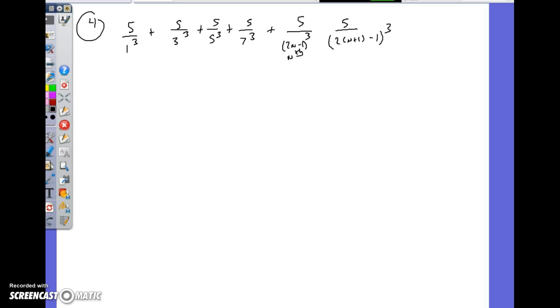So then the ratio test would be 5 over, I'm going to have to simplify that, so I got 2n plus 2 minus 1 to the third, times, flip, 2n minus 1 to the third over 5. 5's cancel out. I need to work on this ugly thing here. So I start to work on my factoring because that's fun too.